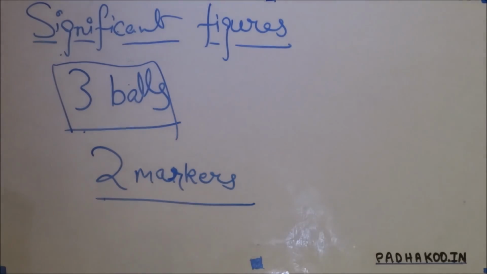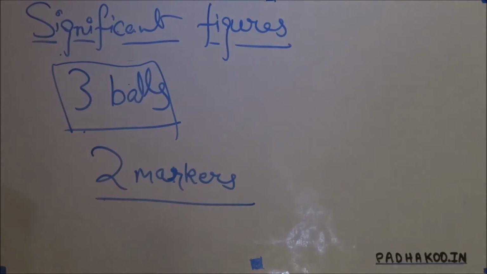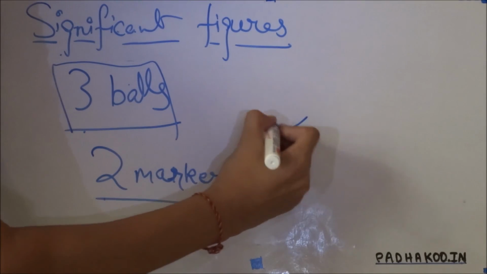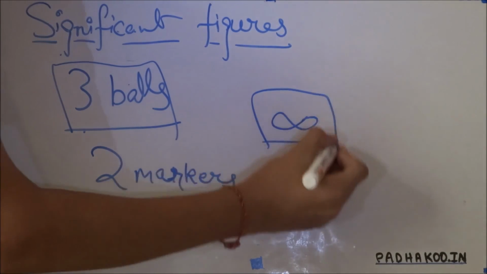I am counting these 2, so I am definitely sure that there are only 2 because I have counted. This means there are infinitely many significant figures in these. We are definitely sure that there are 3 balls because we have counted them, so the number of significant digits here is infinity, a very, very large number.